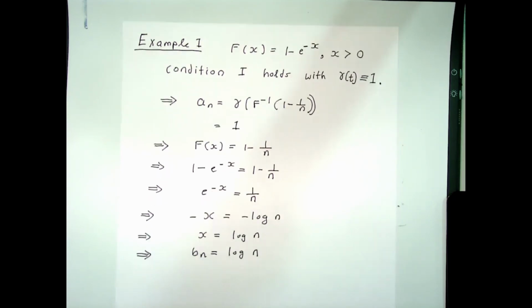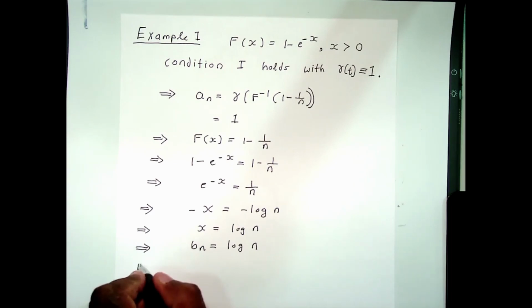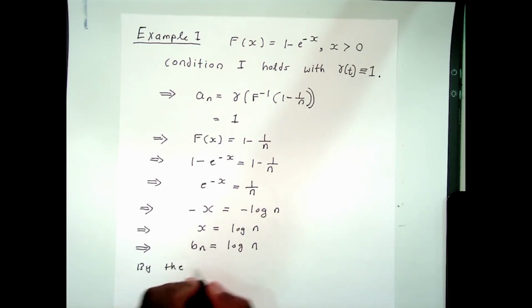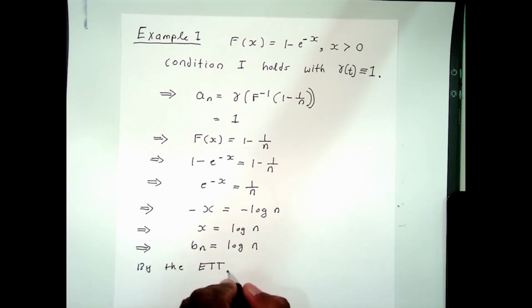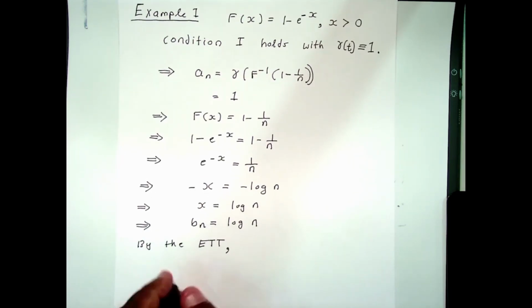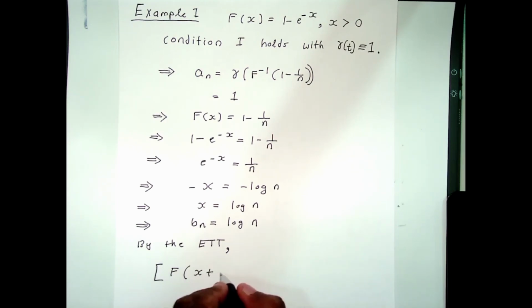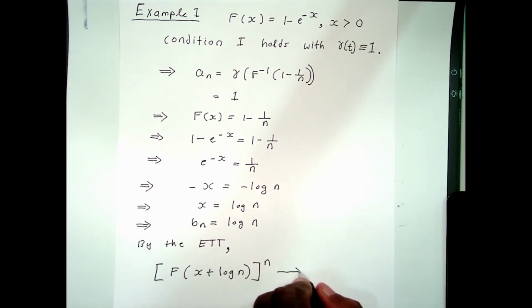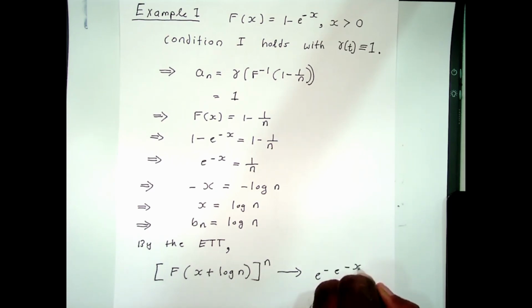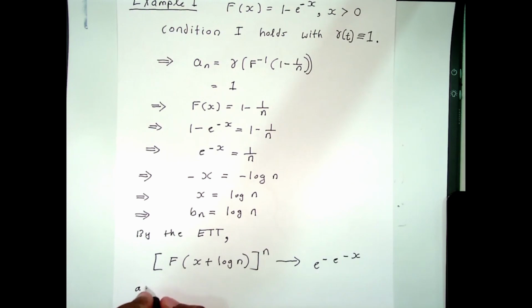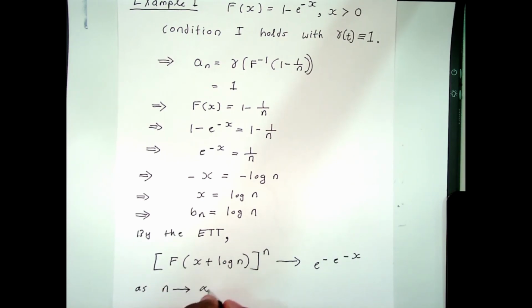So hence by the extremal types theorem, f at an times x, which since an is 1 is simply x, plus bn, which is log of n, to the power n, must approach the Gumbel limit as n goes to infinity. Right, so this is example 1.